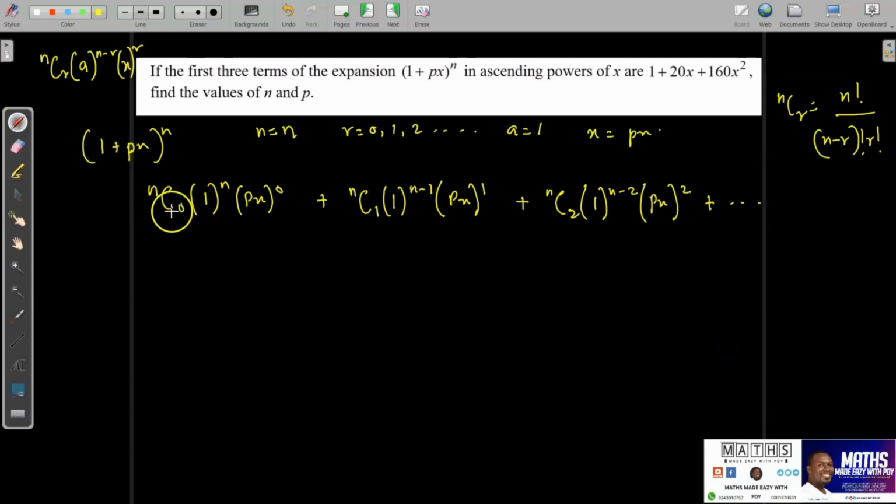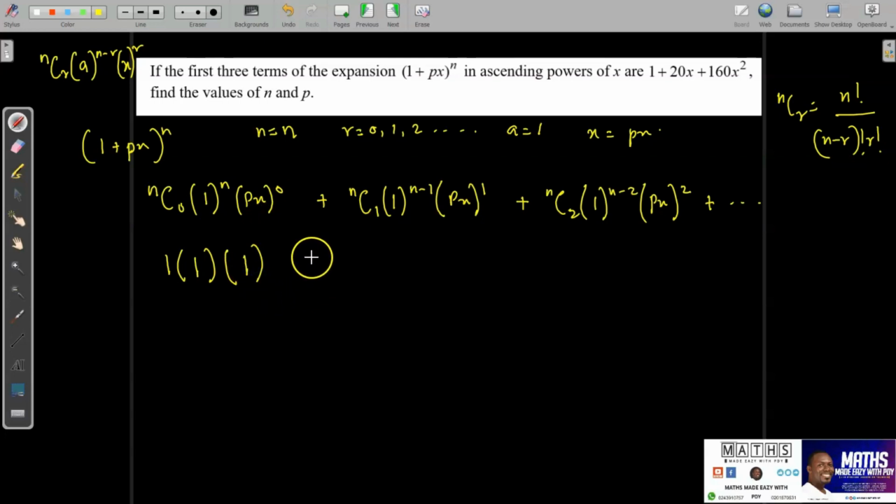So going further, n combination 0 has been seen to be 1. Then again, 1 to the power n. 1 raised to any power is the same as 1. Do you agree? Yes, sir. And then px all to the power 0 is the same as 1. Do you agree?